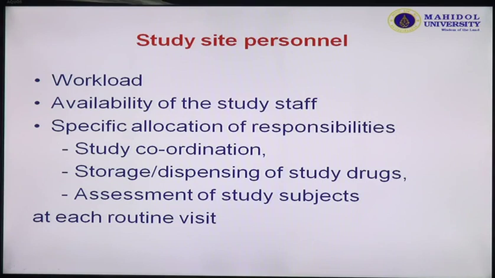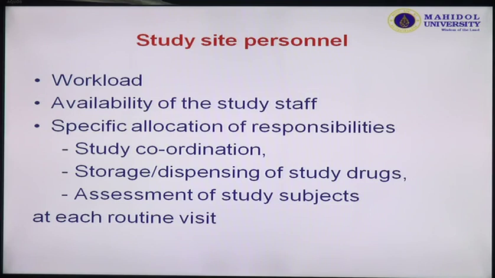Apart from the academic side, now, look at how many nurses, storage facilities, assessment of the subject, and each routine visit. For example, you know the details of the activities for a visit. Now, if that study has 10 visits, how many volunteers or participants can the site do at each visit?